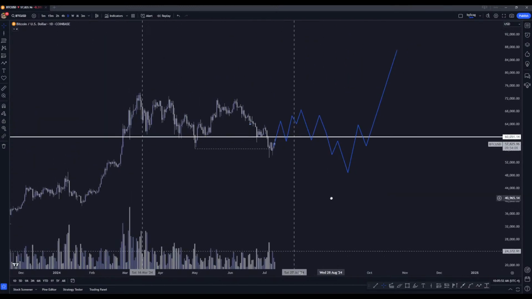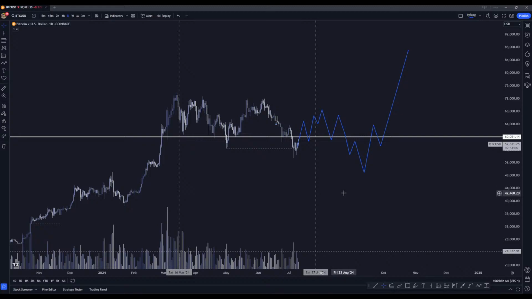This is kind of what I see happening. So there's a possibility that into September-ish, the time don't really matter, there is a possibility that we run these lows one more time, in my opinion. But it does require us to kind of do nothing for a while. But this is the path I currently have laid out today.